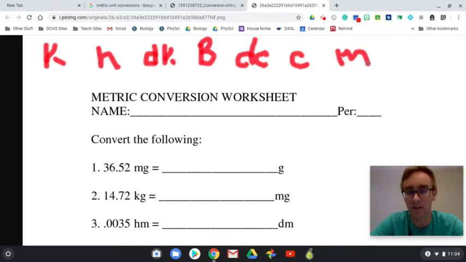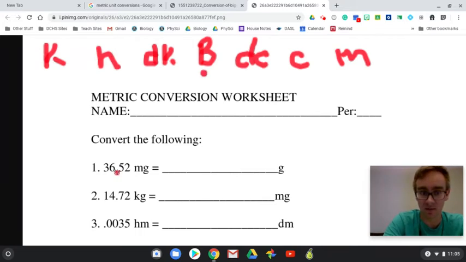In this case, I have 36.52 milligrams, and I want to know how many grams. So grams would be the base in this example. I'm going to start, putting my pen on the screen because I don't want to mess it up too much. I'm putting it on the milligrams, and I'm going to jump to the left 1 time, 2 times, 3 times. It took me 3 jumps to the left to go from milli to the base, or grams.